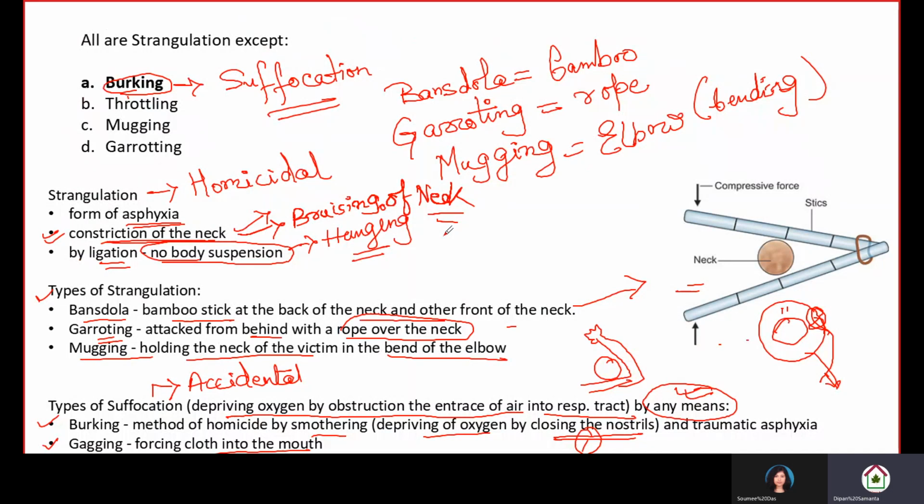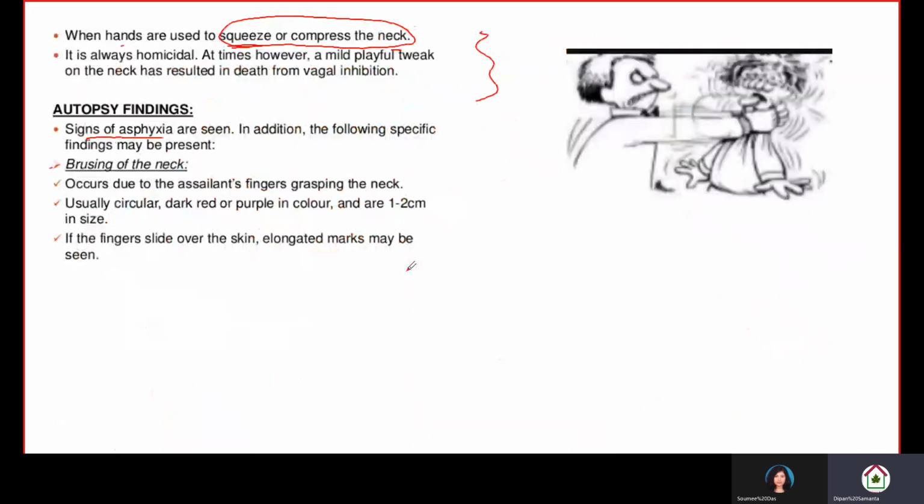The person who is constricting the neck for homicide, for killing, will impart a lot of pressure, a lot of force, and that's why there will be bruising of the skin of the neck.